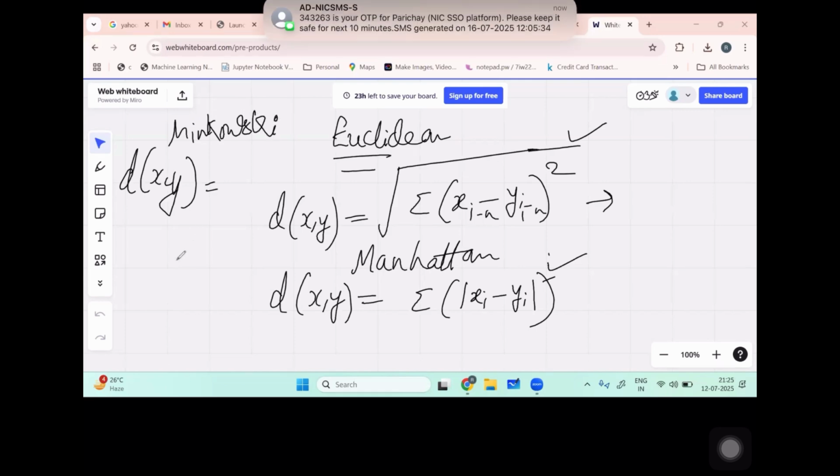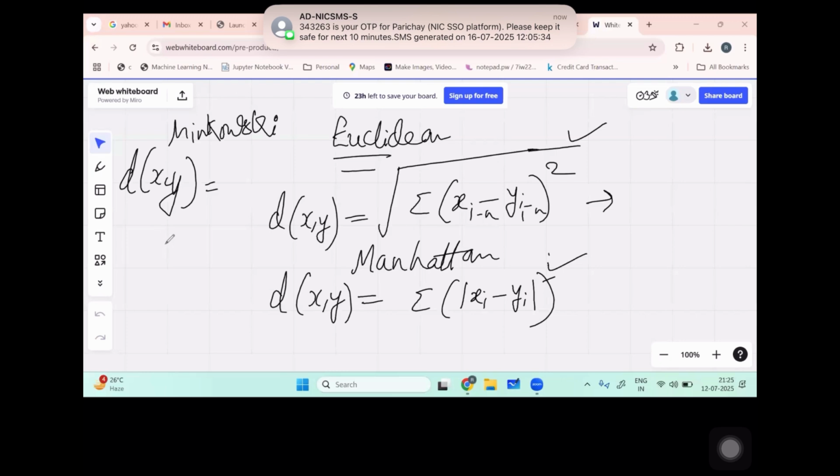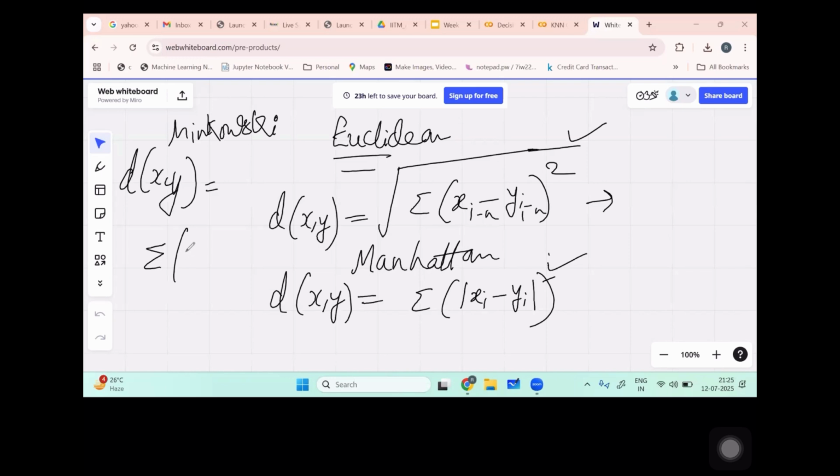Minkowski has said that we can have the distance calculation like the summation of the absolute value of xi minus yi to the power of p, and again the entire expression to the power of 1 by p.